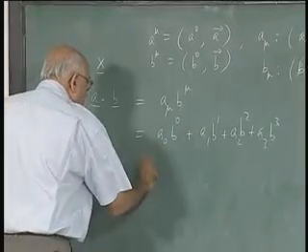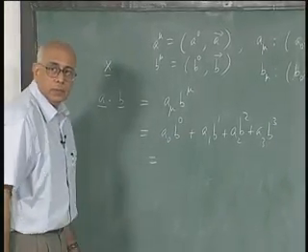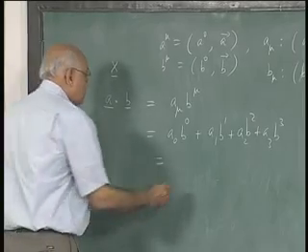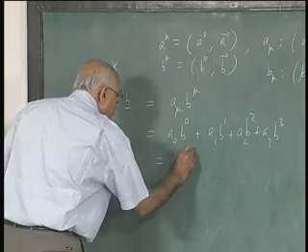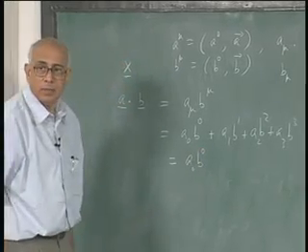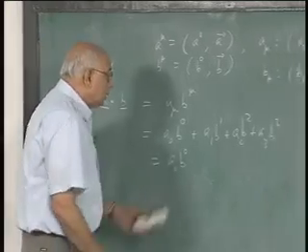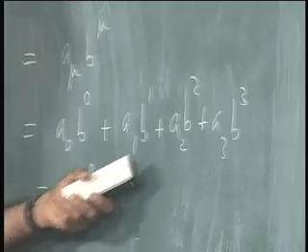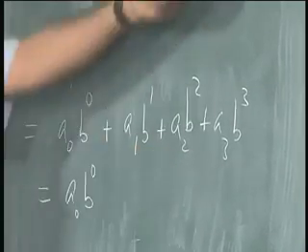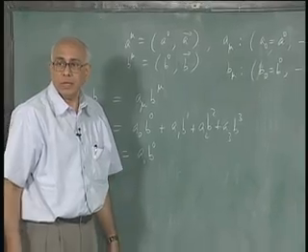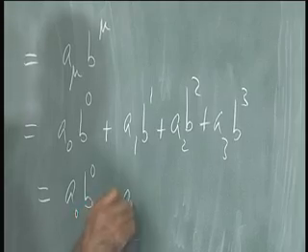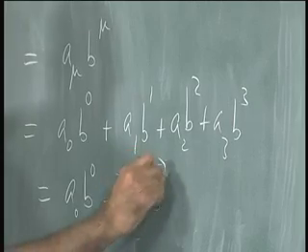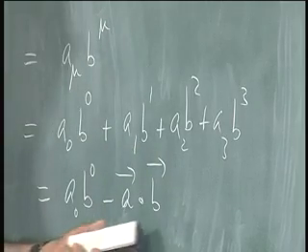What is this equal to? This is A0 B0, all right, the time components get multiplied, and then this is A1 A2 A3, but those are minus of the components of A, so it is minus A dot B in the ordinary 3-dimensional sense.